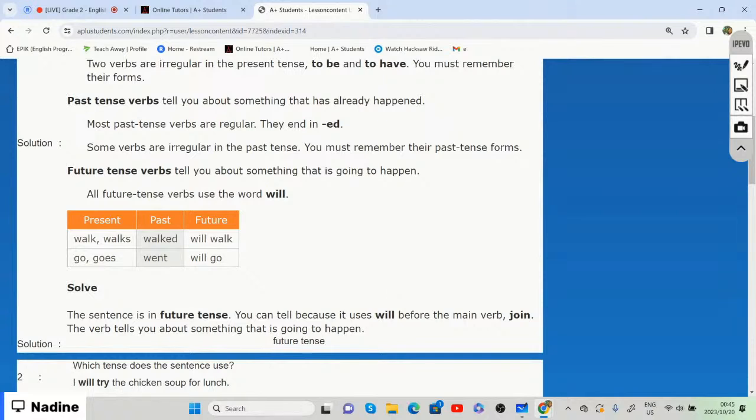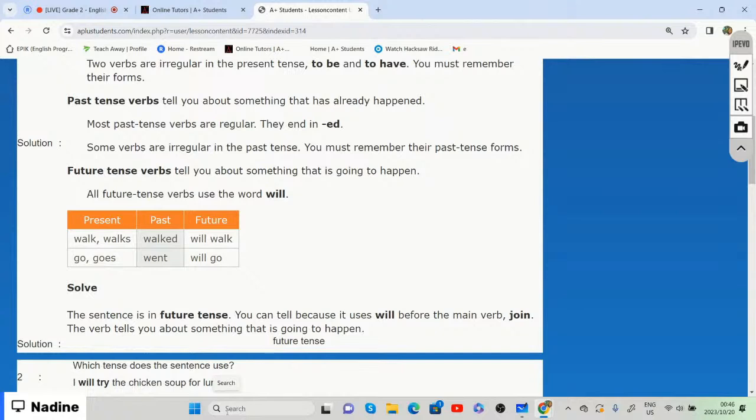And if we look at these words here in the box, on the one side we have the present tense, then we have the past, then we have the future. Then we have walk or walks, that is in the present. With the present tense we can also say, for example, go and goes. Then we have the past tense, which is walked, jumped, seated. So in the past, our regular verb ends in ed.